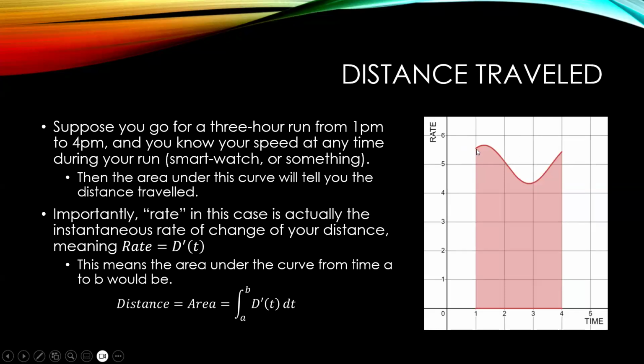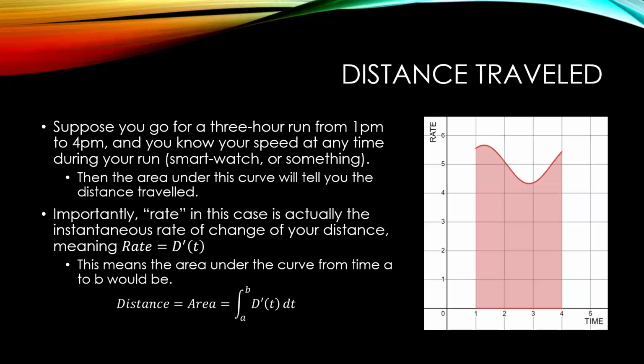And so if this is your rate at any particular time, your speed, your velocity at any given time, then the area under this rate curve is going to tell you what your distance is, because distance is rate times time. More importantly, rate in this case is actually the instantaneous rate of change of your distance, meaning rate is equal to d prime of t.